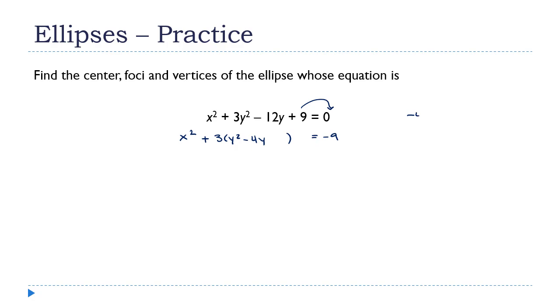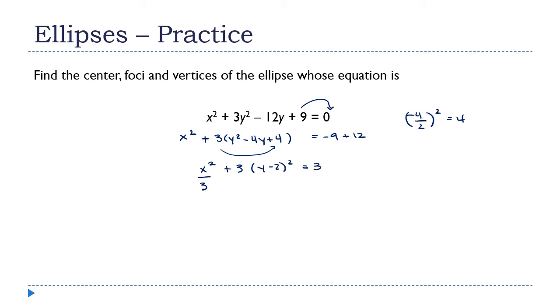Now let's see, I'm going to factor a 3 out of the y's, and then I have to add something. So I'm going to do -4 divided by 2 squared. That's 4, so I'll add a 4 here. And remember, don't forget that 3. This is 3 times 4, so I'll add a 12 here. So now my equation is x squared plus 3 times (y minus 2) squared equals 3.